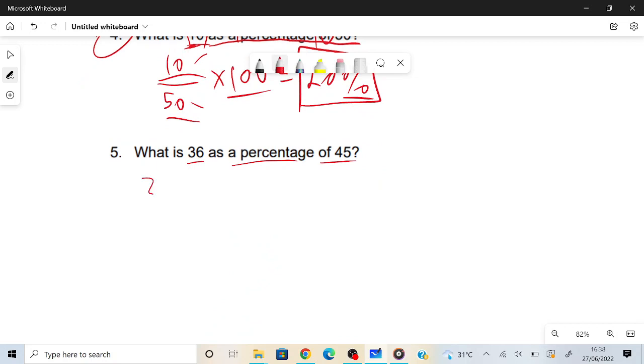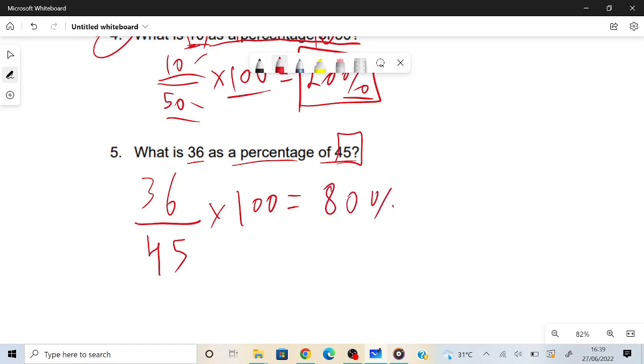Take the smaller number to be the numerator, the bigger number to be your denominator, that's 45, and times it by 100. And doing that, that should be 80% if I'm not wrong. Let's just have a quick look at the calculator. 36 over 45, yep, it is 80%. So that is your final answer for that question. So all you do is take the smaller number as a numerator, bigger number as denominator, times by 100, and you will get 80.